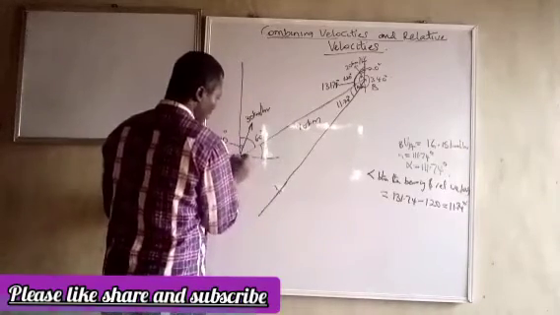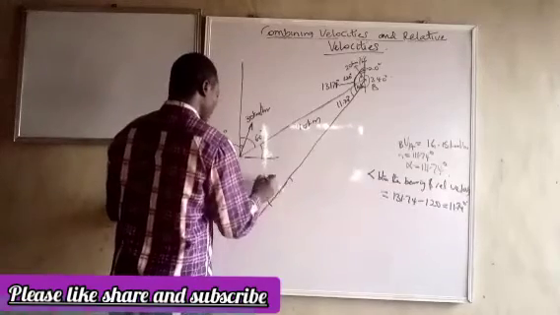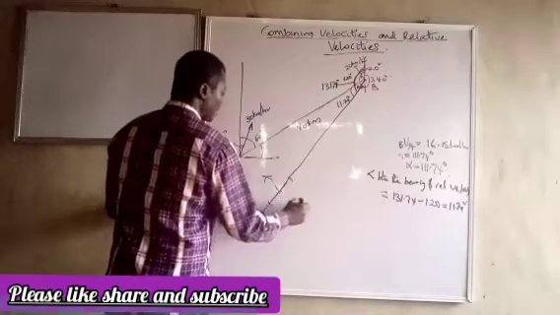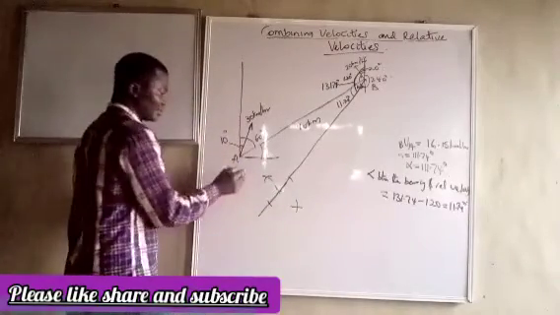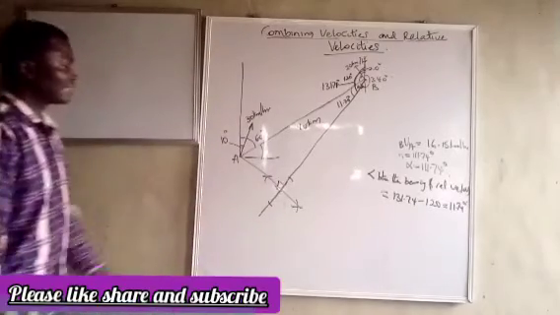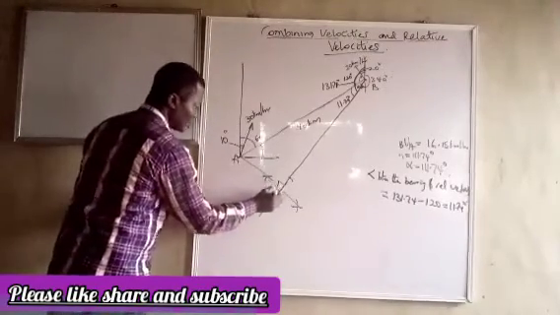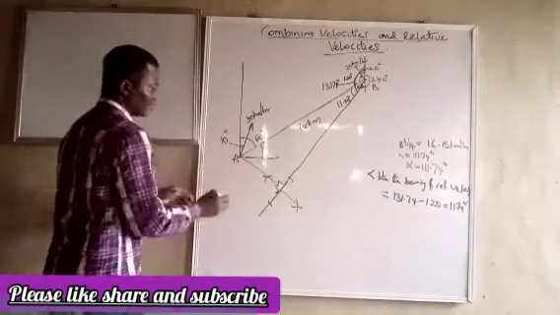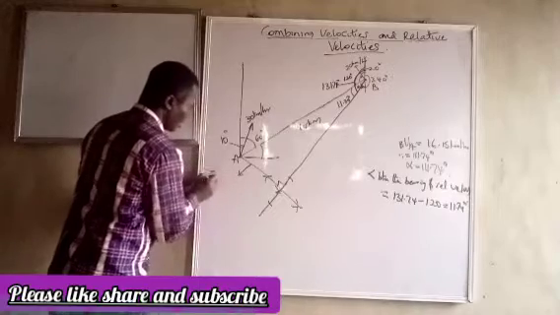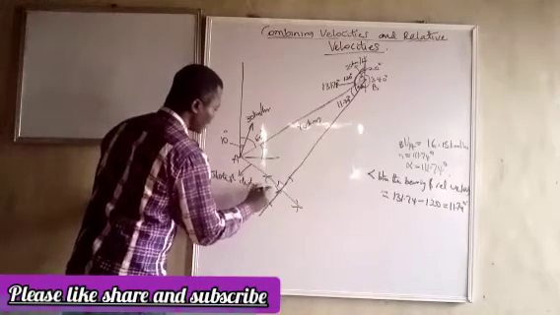Then you can curve from here using a compass, I believe you know what I'm doing, and it will form a right angle there. So the distance from this place to this place, by your calculation or by your measurement, is the shortest distance apart.